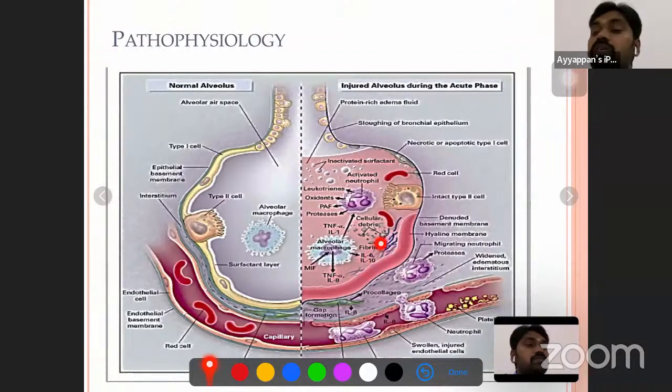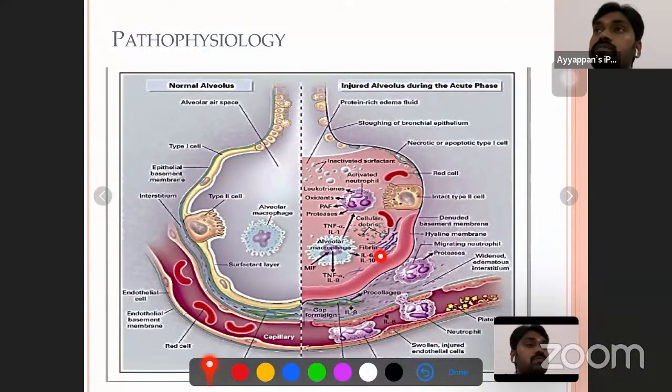The type 2 cell, which is resistant to injury, continues to function, but it will be injured and it will function suboptimally. The surfactant which is released here will not form an effective coat like how it has done here. So you will have loss of surfactant, which results in increased surface tension.